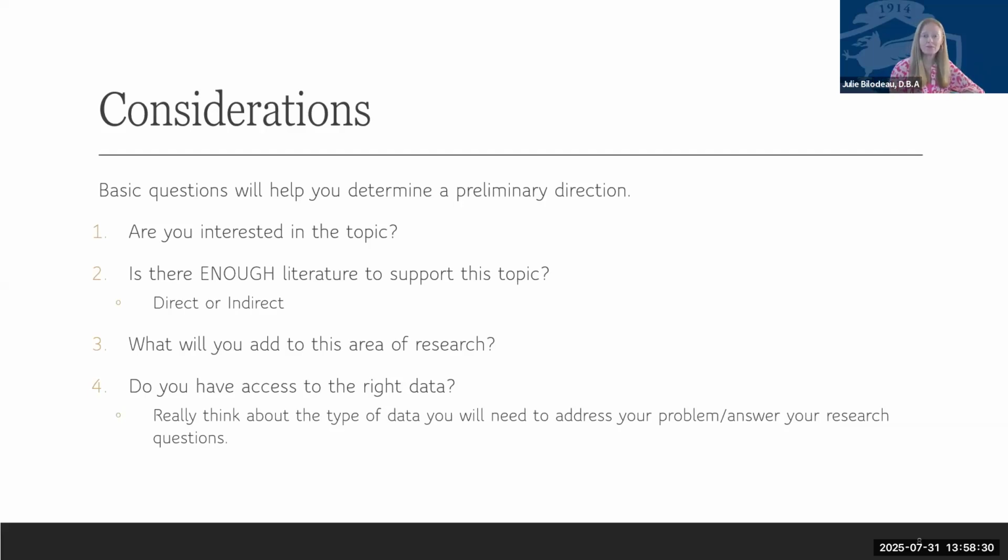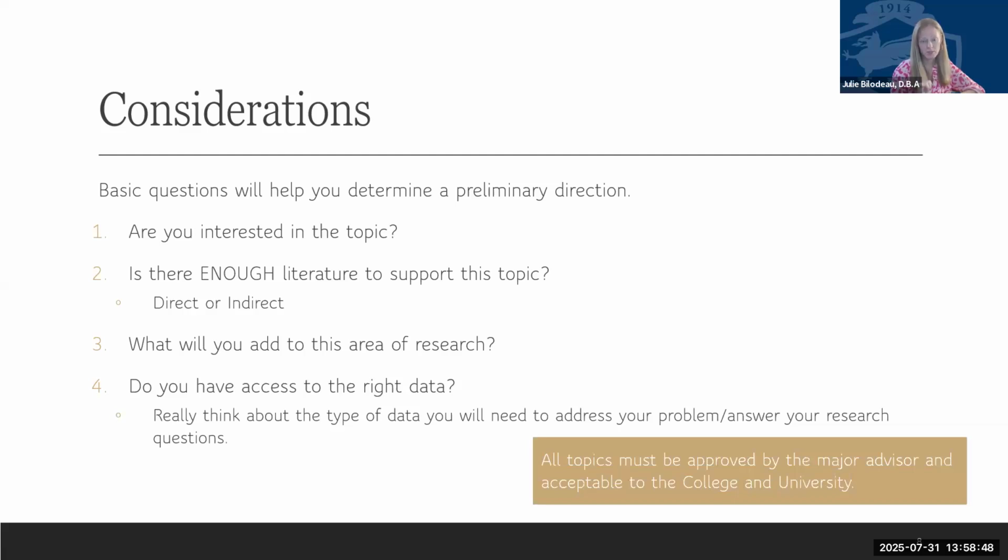So having access to the right data is definitely a consideration. Sometimes you can answer all the first 3 and be like, yep, good to go. And then you get to 4 and you're like, okay, maybe not. So definitely start thinking about that and talking to people now. Little disclaimer here, all topics must be approved by your advisor, the college, and university.